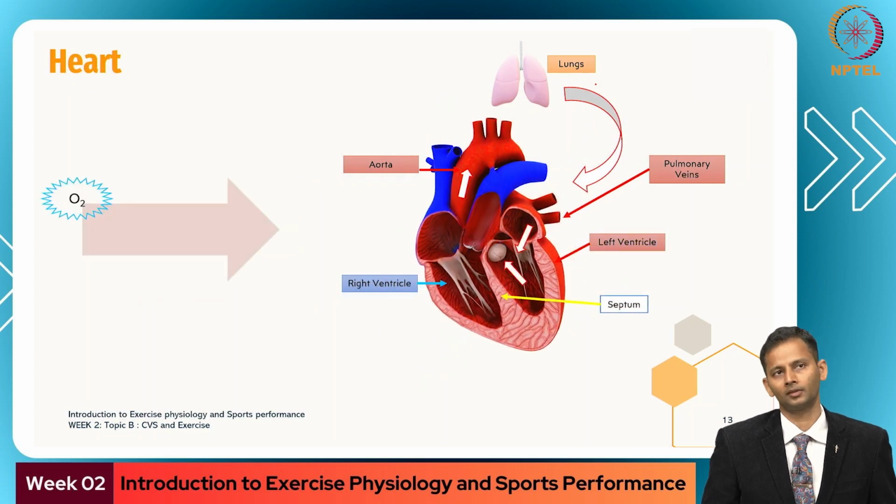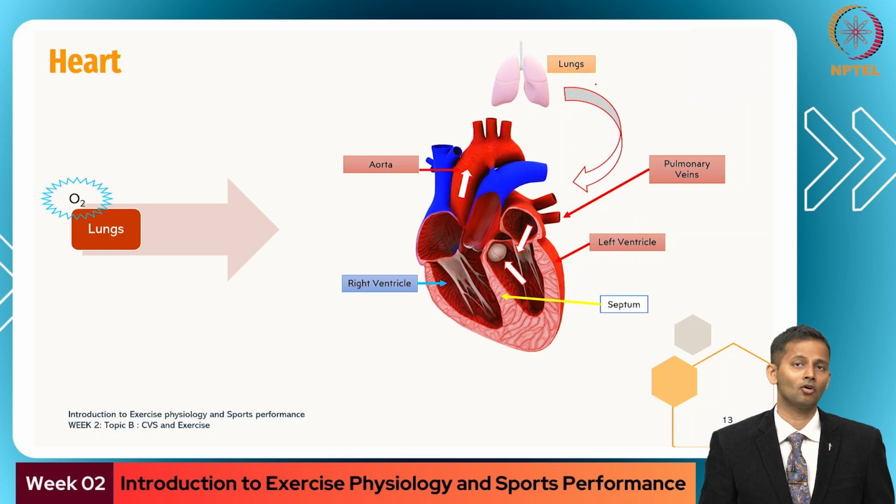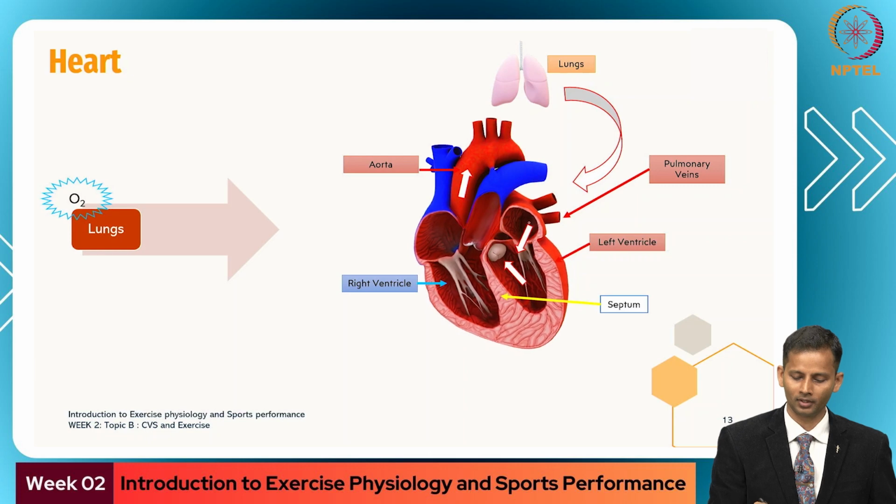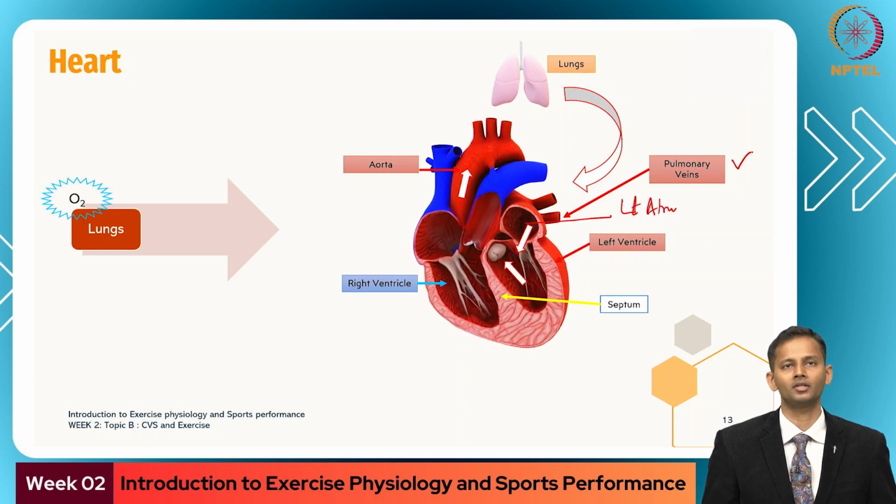Let's proceed with the left side. What happens with the oxygenated blood? The deoxygenated blood reaches the lungs. In the lungs, the diffusion of these gases happens, and finally the oxygen enters the blood, and this oxygenated blood enters from the lungs to the left atrium by pulmonary veins.